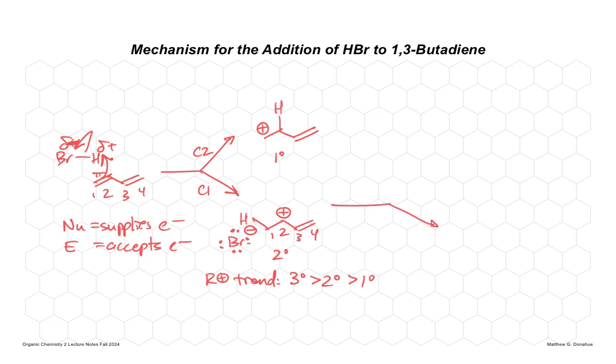Now from here, at 0 degrees, cold, the bromine just automatically traps that position. And that gets the mono-substituted alkene.